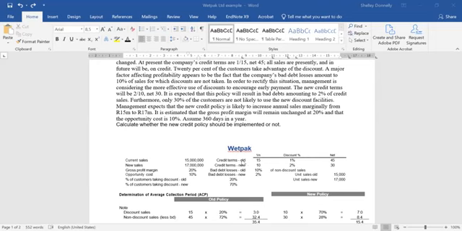The old credit terms were 1/15 net 45, and the proposed ones are 2/10 net 30. Bad debt losses old were 10% of non-discount sales, and new will be 2%. They actually don't mention of non-discount sales. I would assume it's the same.